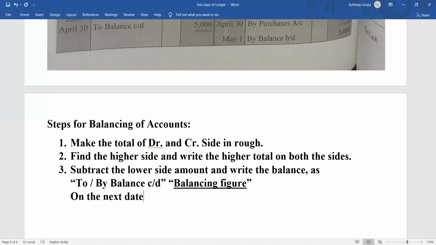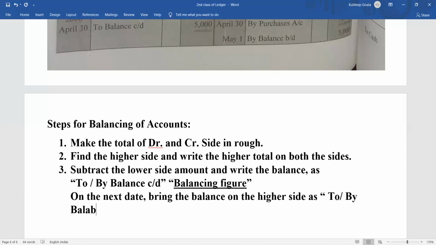You have to bring the balance on the higher side, as "To" or "By balance brought down".